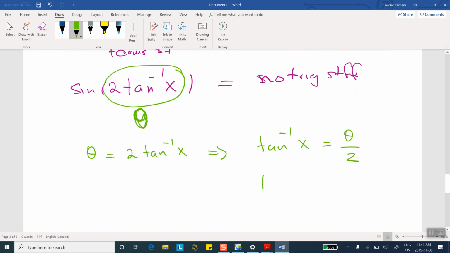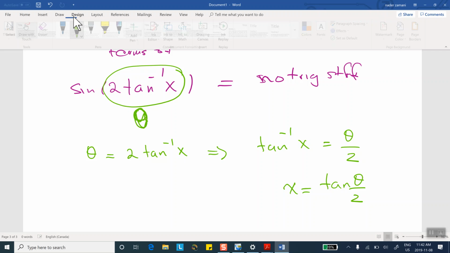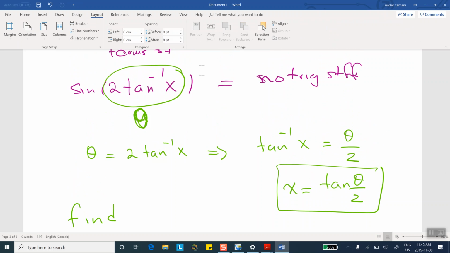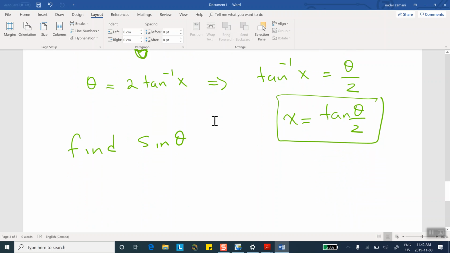That means that x equals tan of theta over 2. Okay, so we have this. Look at what we want to find: sine of theta.